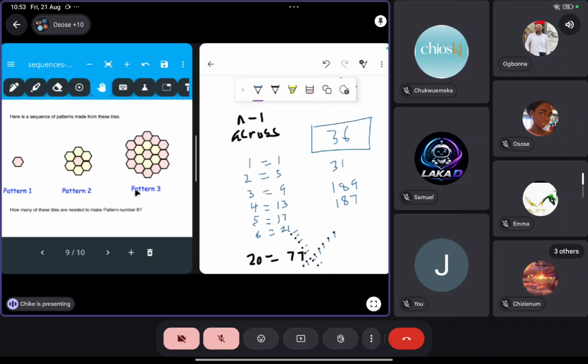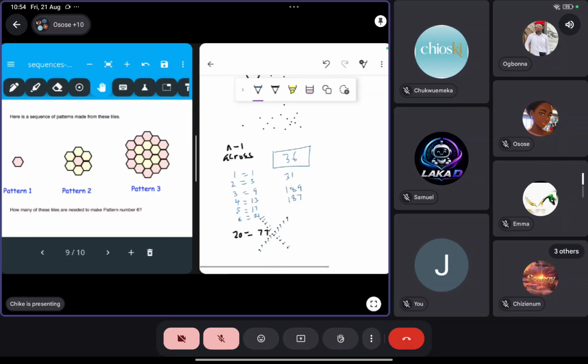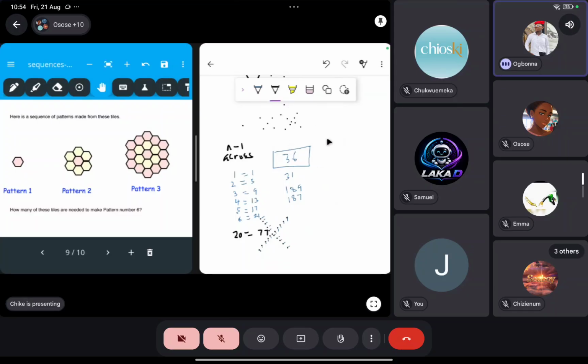Remember, it must work for all of them. If you are saying that's the pattern, it should work for one. But go ahead. Let's put it to test. Yes, it's actually going to work. Then you're going to do n times 6 plus 1.